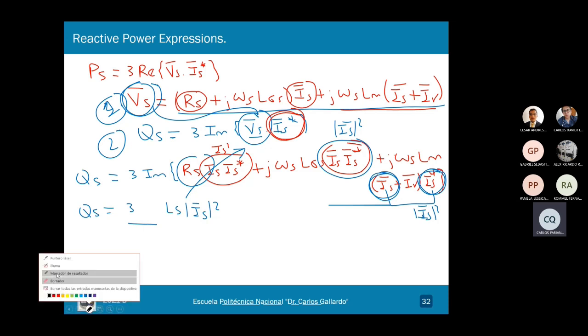So this is a constant, therefore it's possible to take out this term.